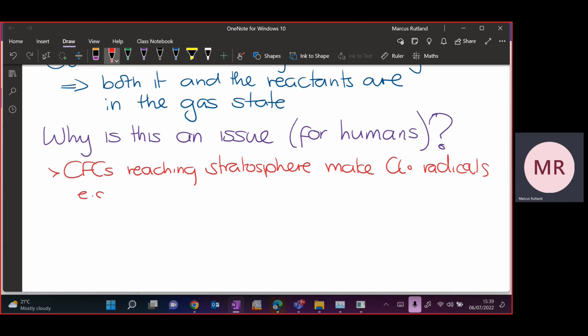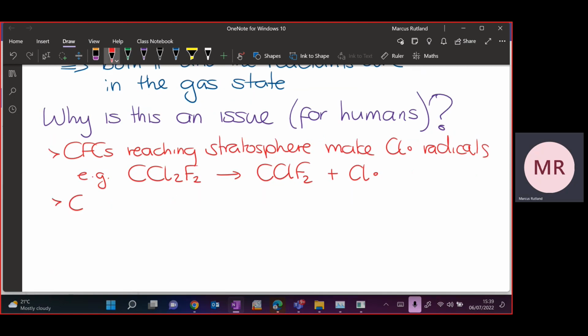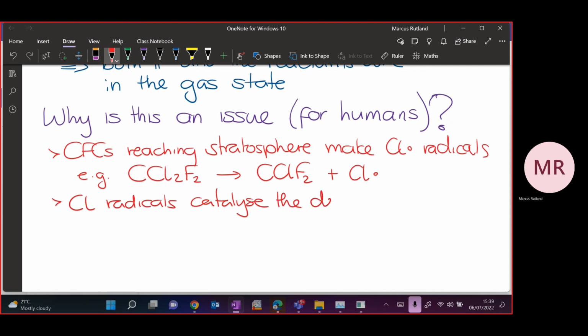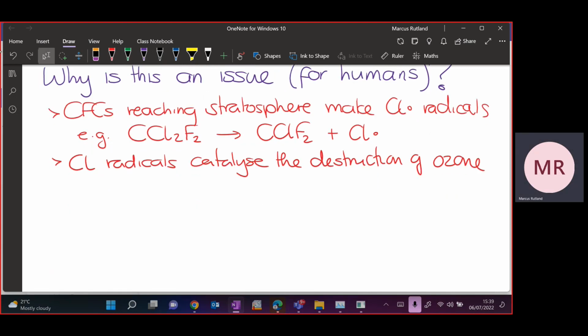So you could have, e.g., CCl2F2 to CClF2 plus Cl dot. And then Cl radicals catalyze the destruction of ozone. And so you could put in the equations for that as well.